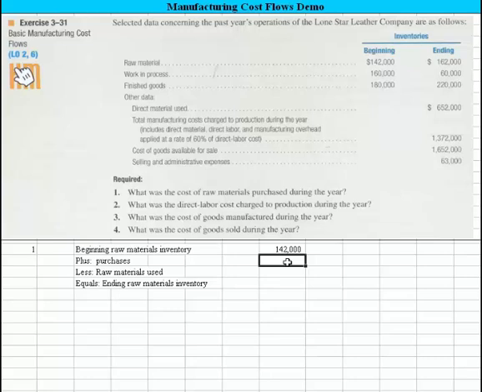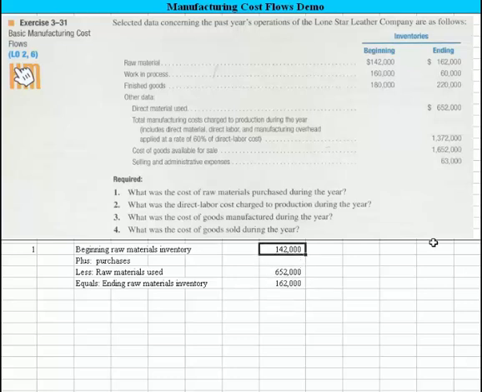The purchases we don't know. The raw material used is the 652, direct material used. I'm using the terms raw material and direct materials interchangeably. So we'll put 652,000 in there, and the ending inventory is 162.